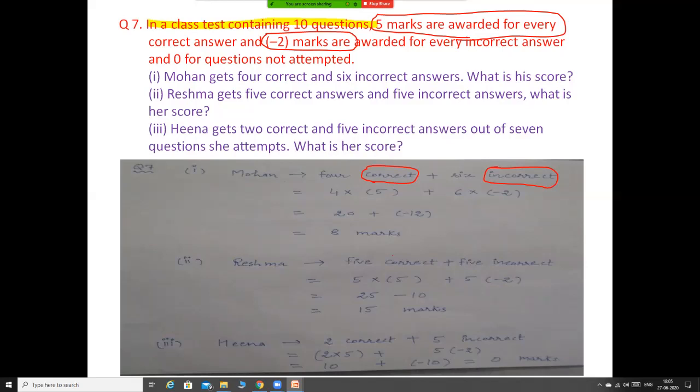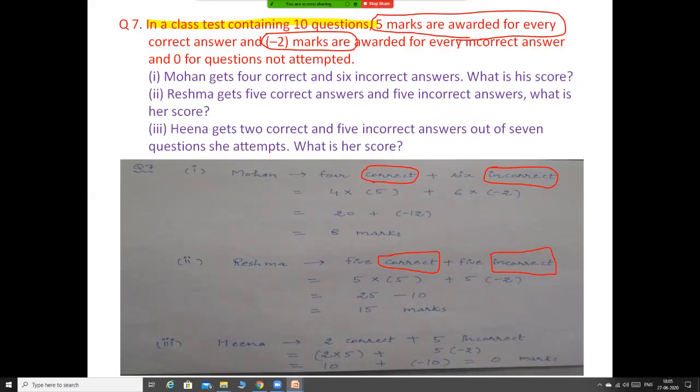Correct means 5, and incorrect means minus 2. So 5 into 5 plus 5 into minus 2. 5 into 5 is 25, 5 into minus 2 is minus 10. So the answer is 25 minus 10 equals 15 marks.